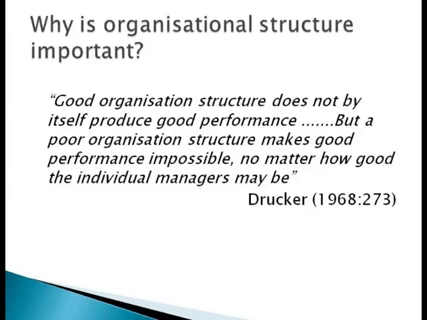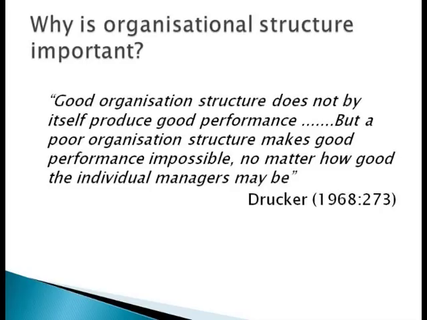So the structure requires activities amongst the people or the employees working within that structure to act coherently and efficiently, and to identify those instances where individuals or groups or teams are not working as they should be.